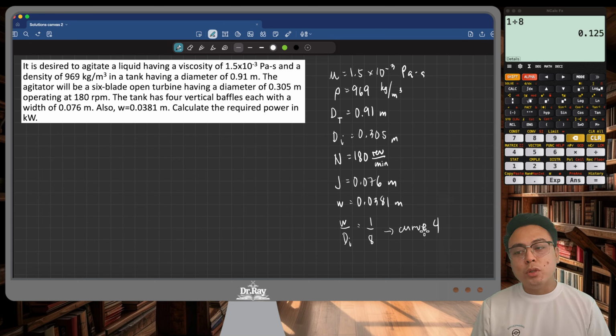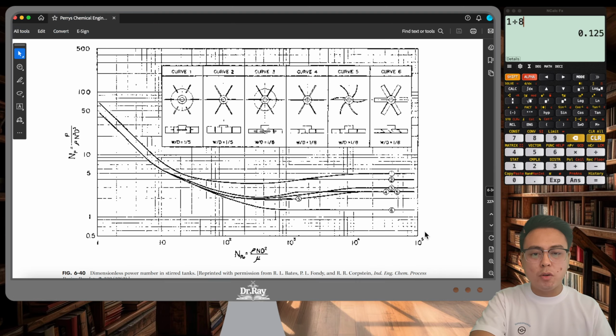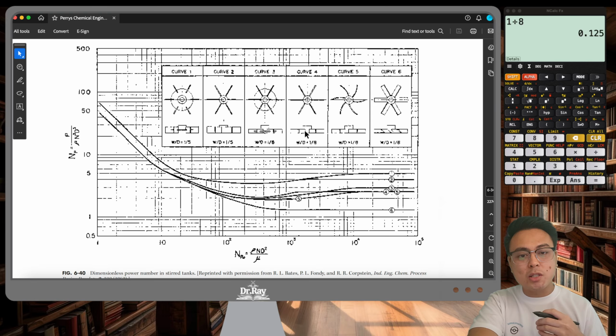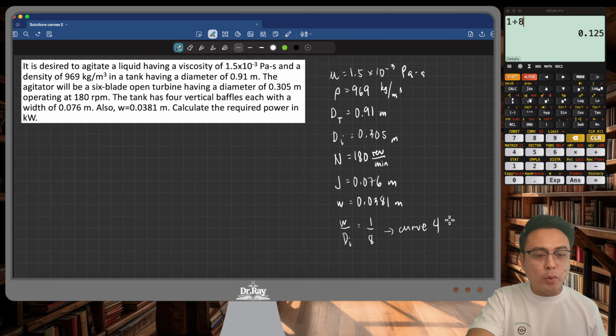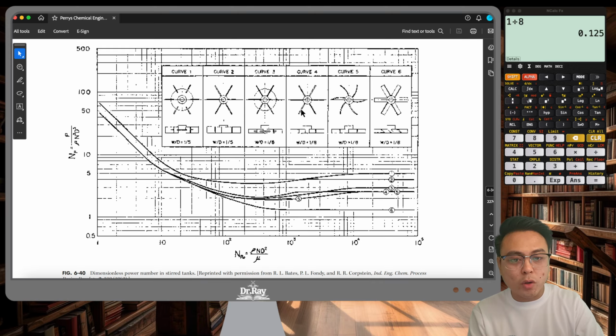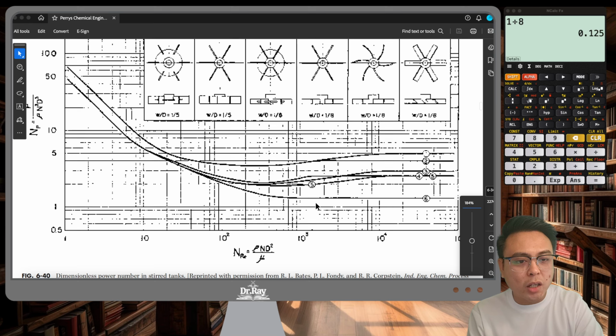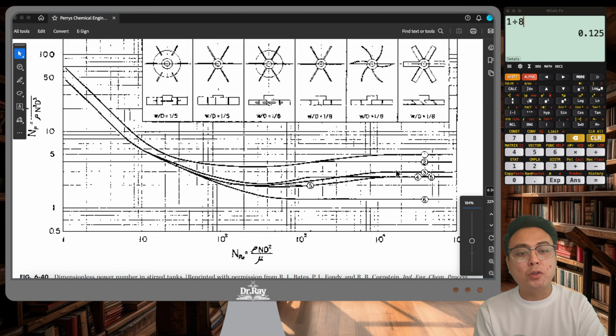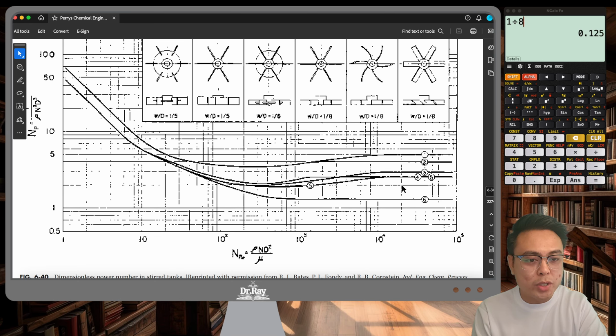So that's how you decide between whether to use curve 1 or curve 3 or curve 2 or curve 4. In some instances, we can even just straight up say what the type of turbine is and just use that curve. So now that we know that we're going to use curve 4, we first have to look at where curve 4 is. It's a little bit unclear in my copy here, but just refer to your physical handbook and you will see this more clearly.